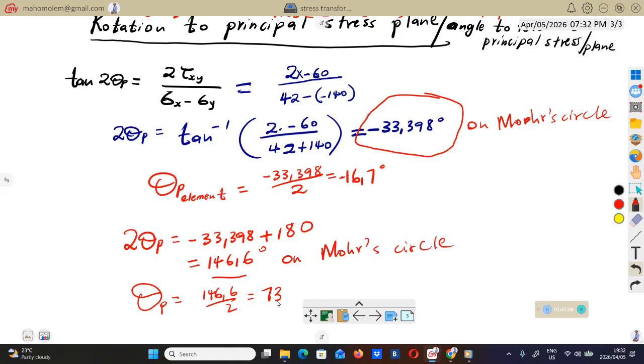It's 73 point what? 0.3. It's positive. Positive means anti-clockwise.